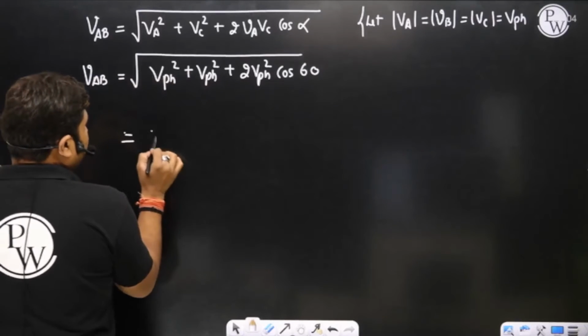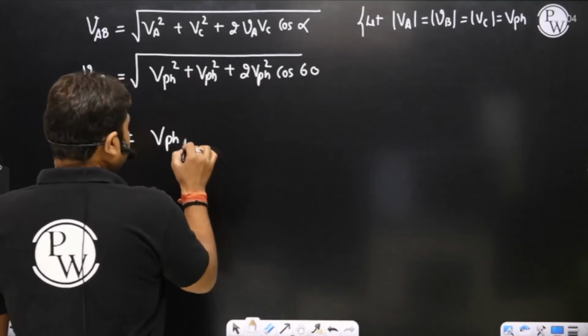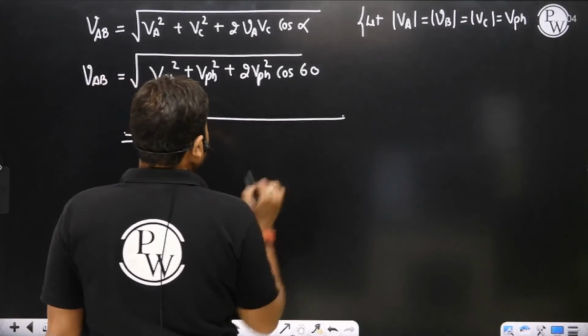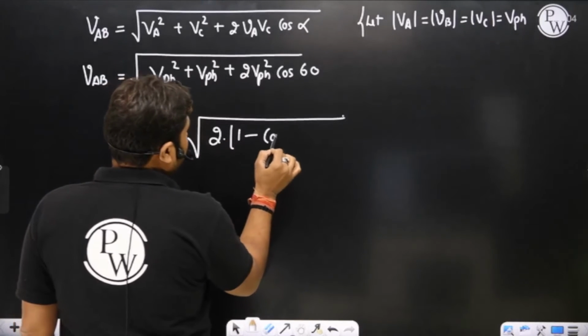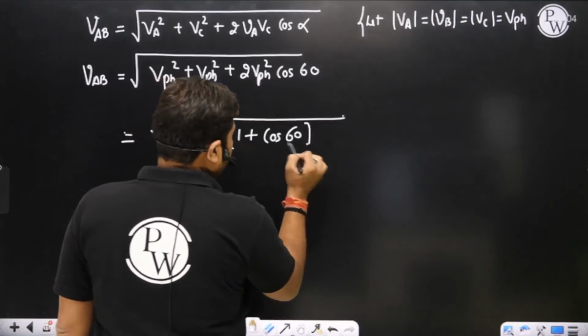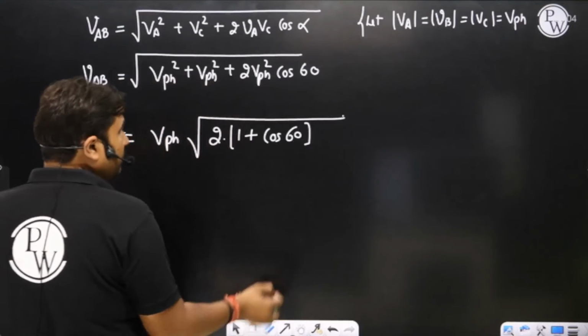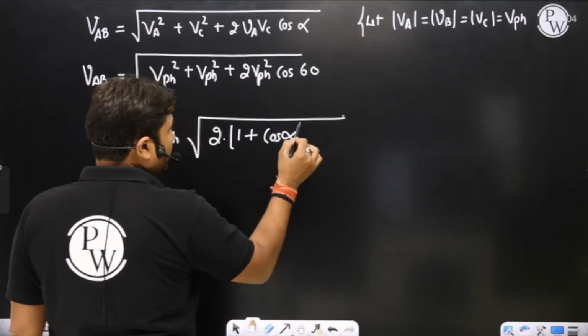You can take V phase as common. Yes, sir. And you can write, sir, root over of twice of 1 plus cos alpha, or you can say cos 60, or you may write it in terms of alpha also. Is it okay? Yes, sir.